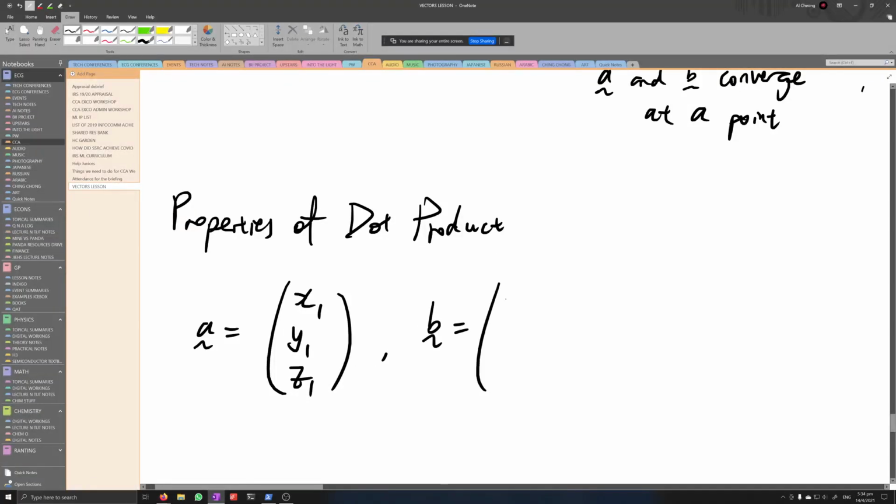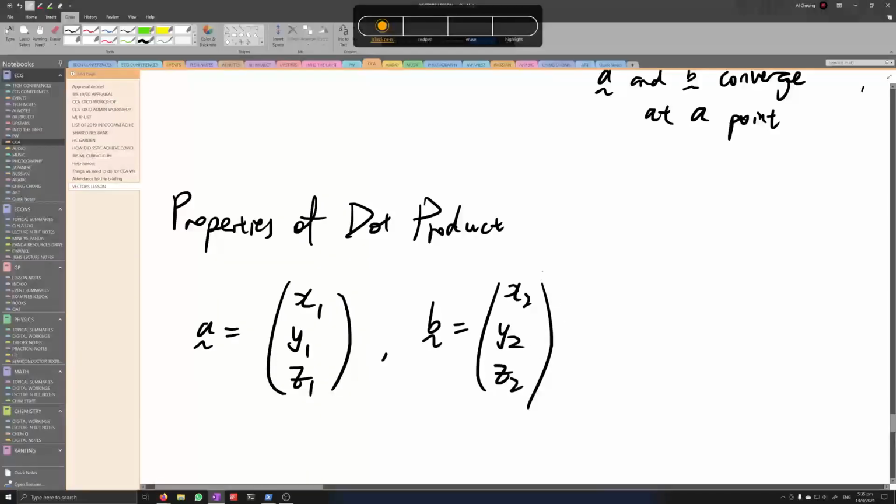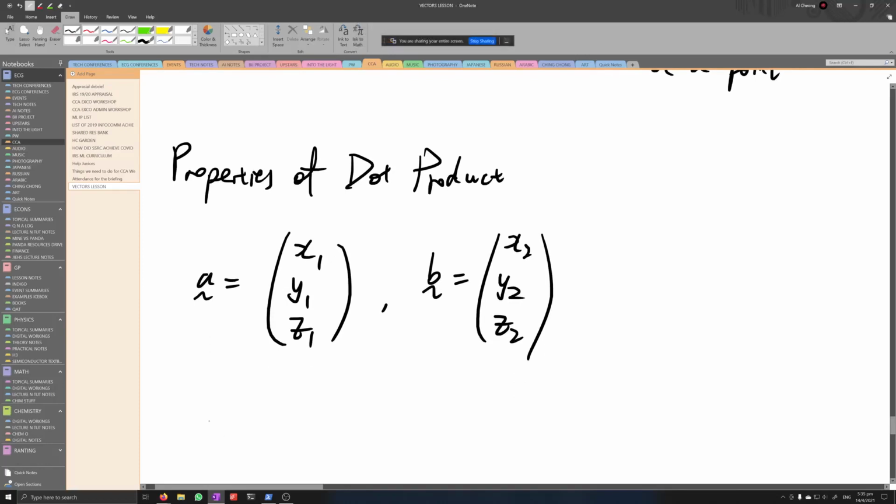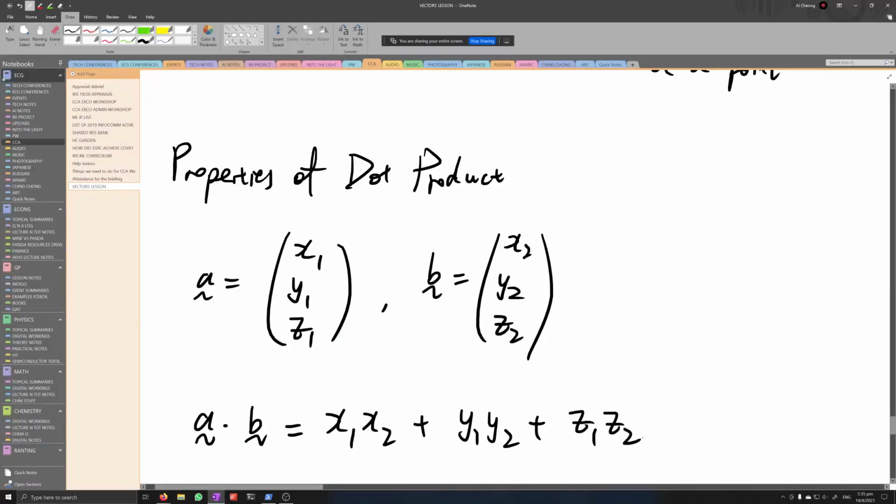B is equal to x2, y2, z2. Actually, there's no need for commas. Sorry. Okay. Then A dot B is actually what you do is x1 x2 plus y1 y2 plus z1 z2.